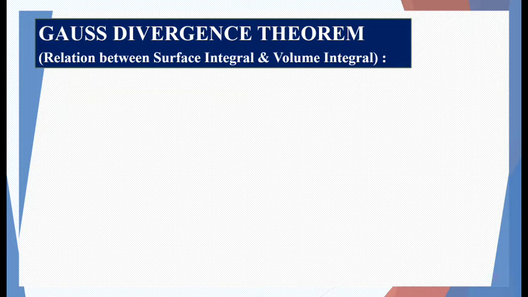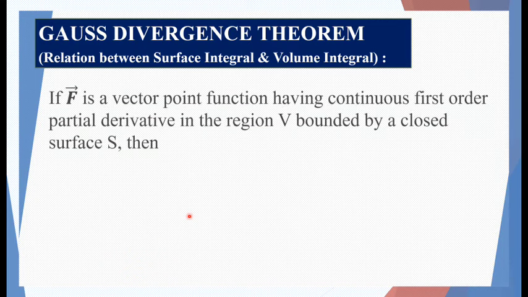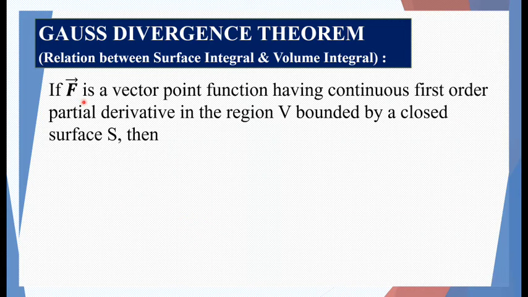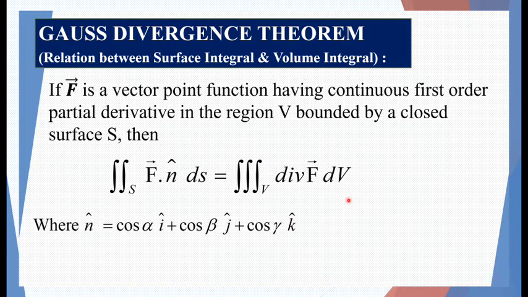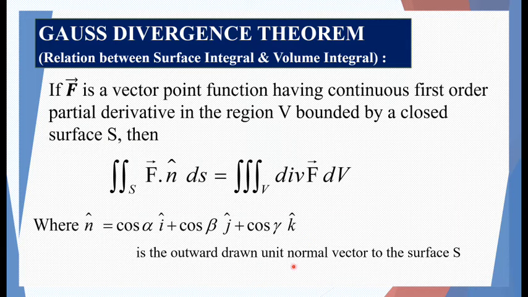Gauss divergence theorem means the surface integral of the normal component of a vector function vector f taken around a closed surface capital S is equal to the integral of the divergence of vector f taken over the volume capital V enclosed by the surface capital S, that is double integral S vector f dot n cap ds is equal to triple integral V divergence of vector f dv, where n cap can be defined as cos alpha i plus cos beta j plus cos gamma k, which is the outward drawn unit normal vector to the surface capital S.